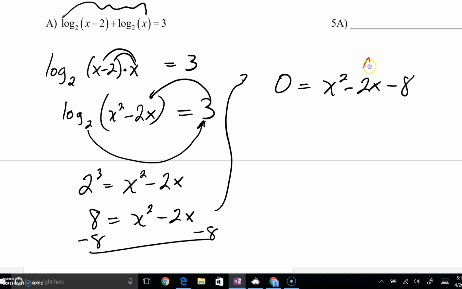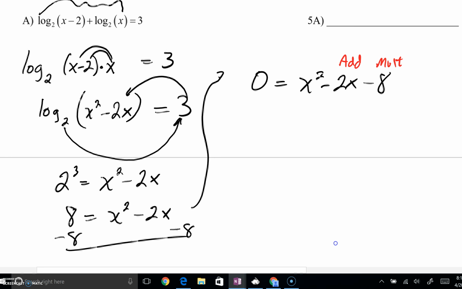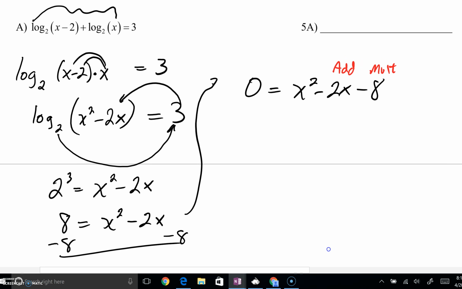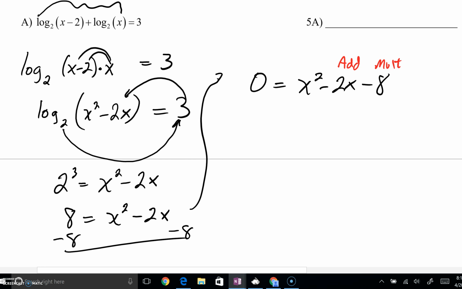And it's here where we have to review some factoring. You're looking for two numbers that will multiply to a negative 8 and simultaneously add to a negative 2. Multiplying to an 8, I think most kids begin to think about 4 and 2, although you can also think about 8 and 1.